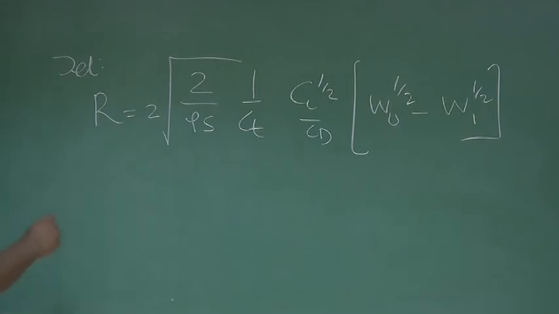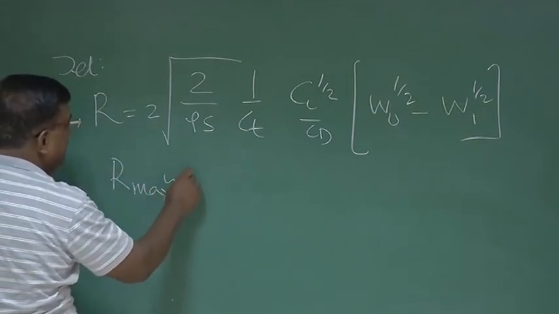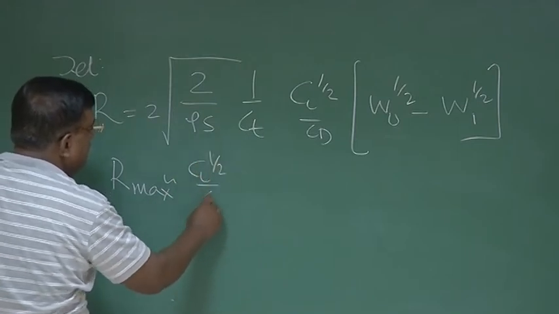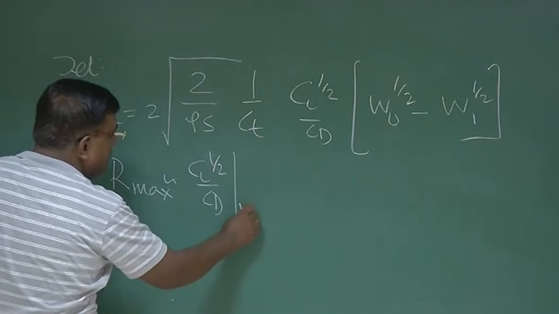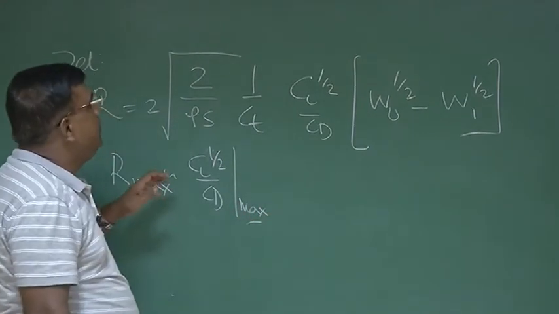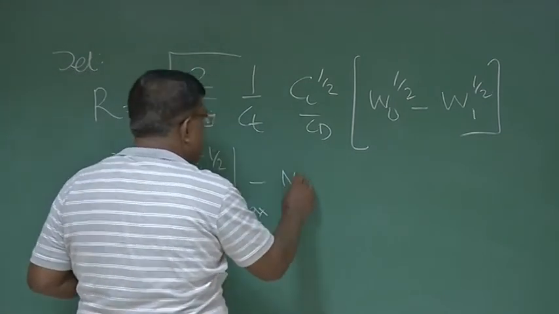Here you see the range is maximum, other conditions remaining the same, if CL half by CD is maximum. Okay? Again the same situation will arise, that this is for no wind condition.